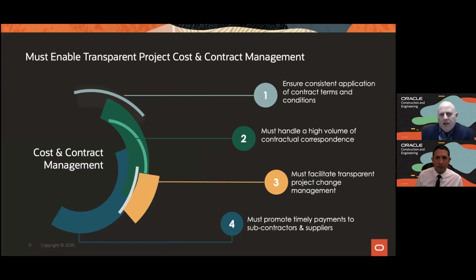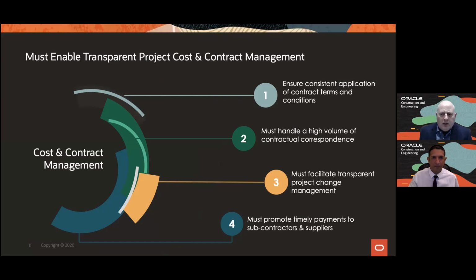And Patrick will show some very interesting statistics later around how many pieces of contractual correspondence get processed on a big project. The days of being able to use email or a Dropbox or a file folder or manual hard copy communication for contract management are long gone. There is just too much information to deal with.